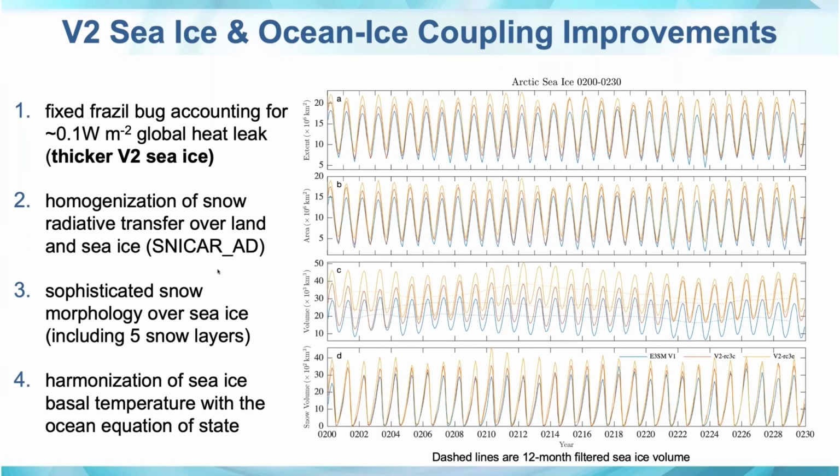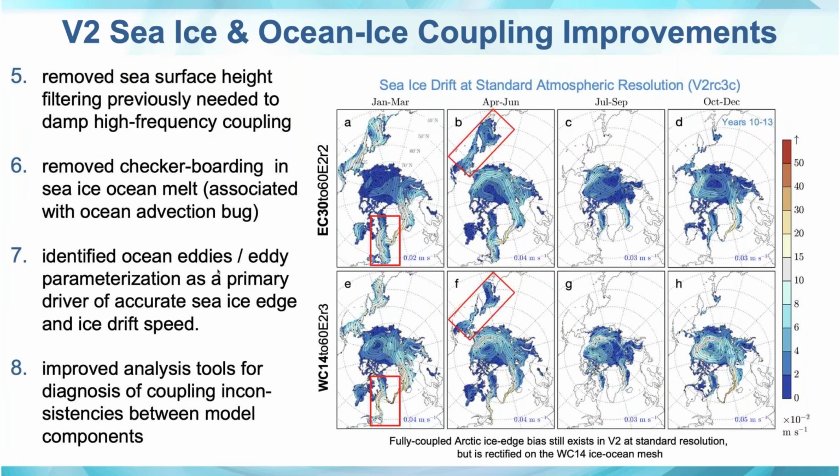There were some bug fixes where the basal temperature seen by the sea ice and the ocean were different, and that has been fixed now as well. The sea ice filtering that was put in place in V1 to damp some high frequency coupling problems has been removed. There was a checkerboarding issue associated with sea ice and ocean melt that has been fixed.